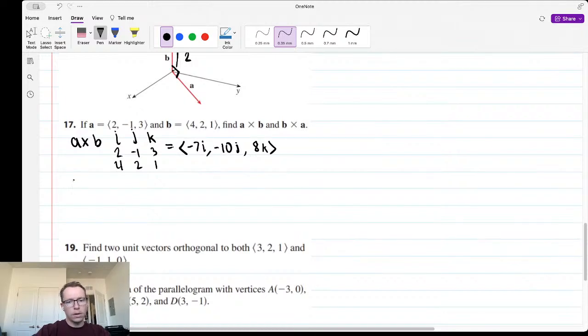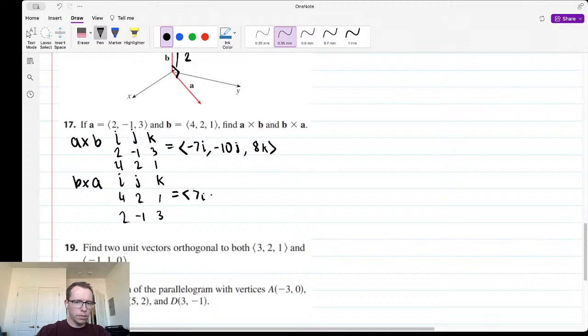Cool. So then we go B cross A, we'll bring in our same I, J, K, and we'll have 4, 2, 1, 2, negative 1, 3. And so this equals a vector of 2 times 3, which is 6, minus negative 1, so 7.